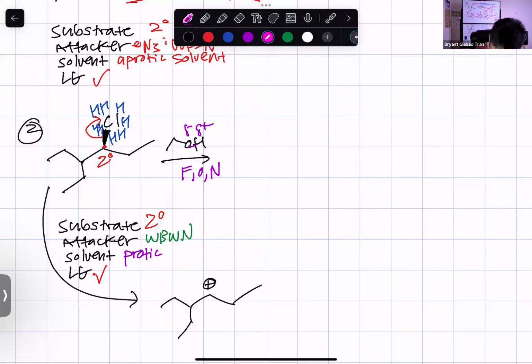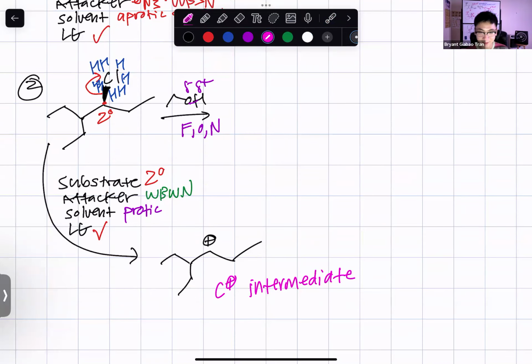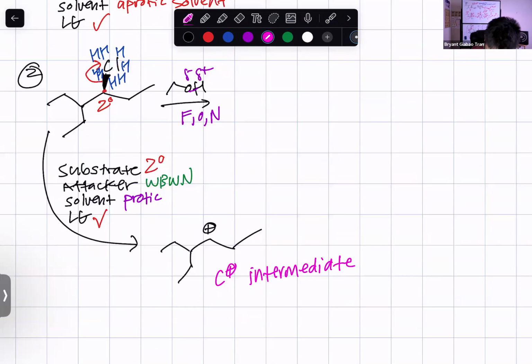And whenever you have a carbocation intermediate, you always have to look out for what step. This is the step where most students forget in the mechanism or reaction: hydride shift or methyl shift, right? So carbocation rearrangement. And there are 2 types of carbocation rearrangement steps. The more common one is hydride shift.